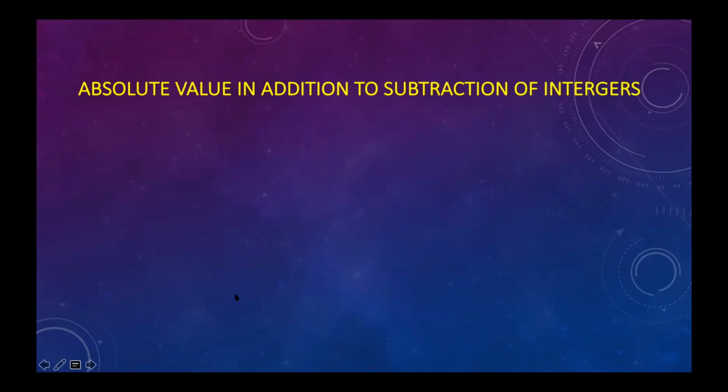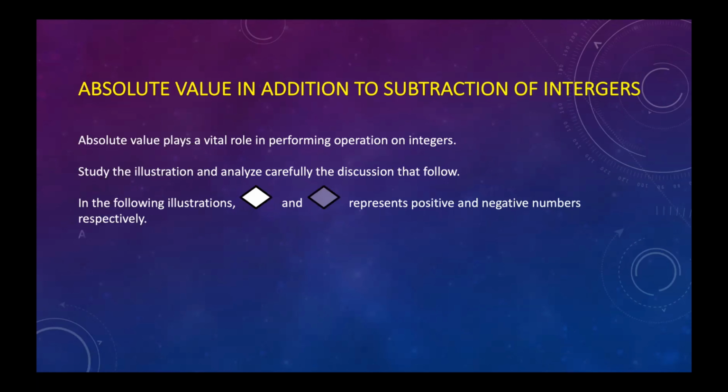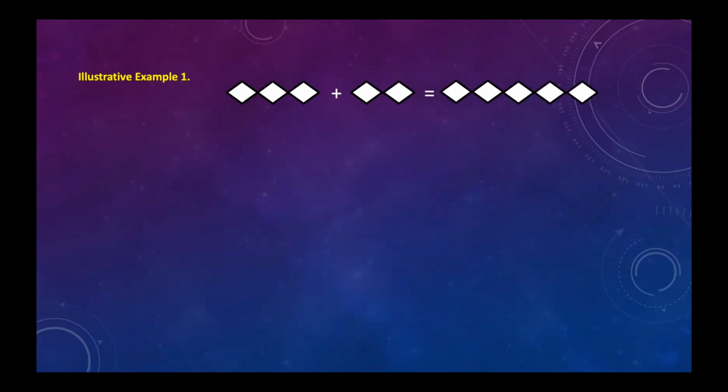Alright, next slide. Absolute value in addition of subtraction of integers. Okay? Saan po yan? Illustrative example number 1. Okay, you have 3 positives plus 2 positives is equals to 5. Diba? Simple lang. Addition lang naman. 3 plus 2 is equals to 5.